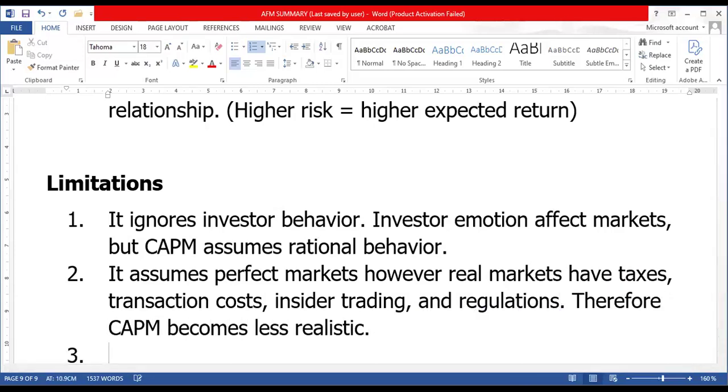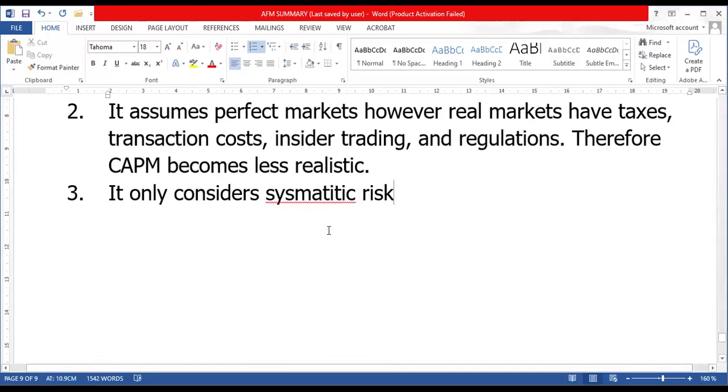Then, of course, you may also say that it only considers systematic risk.